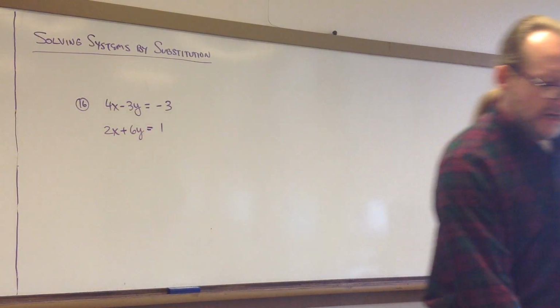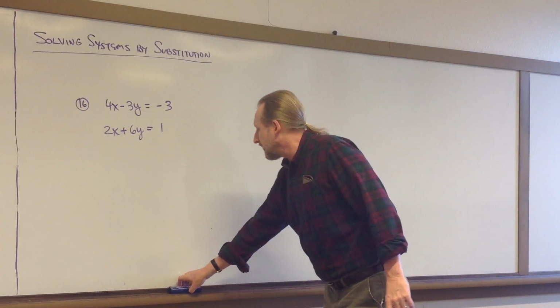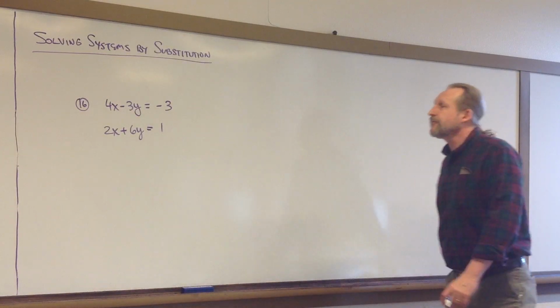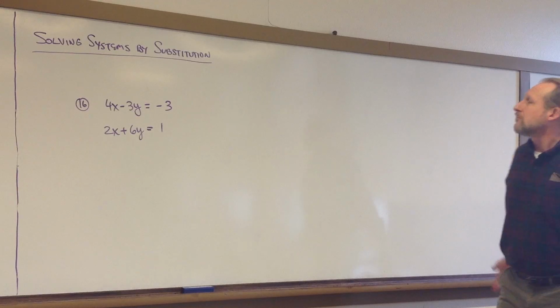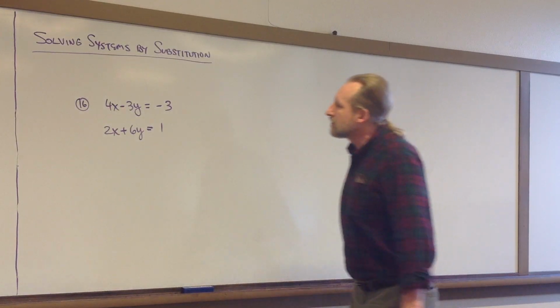All right, so now, number one, we don't have a variable that's been isolated already, and all of the variables have coefficients in front of them. So there's really no easy way out.